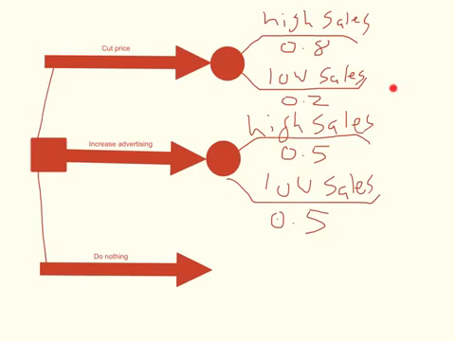So each outcome must add up to 1. So this is one separate outcome, and this is obviously a second outcome because it's for a different option. So we have 80% chance of high sales, which is therefore 20% of low. We've got 50% of high sales, which has obviously then got to be 50% low sales, because these two should always add up to 1.